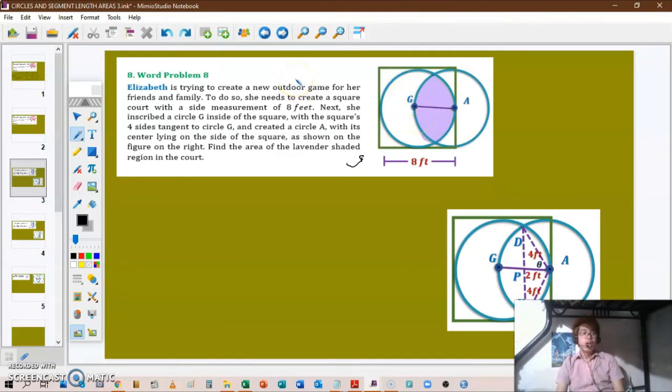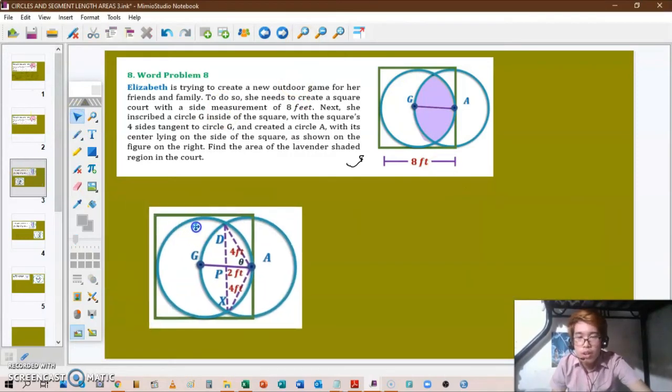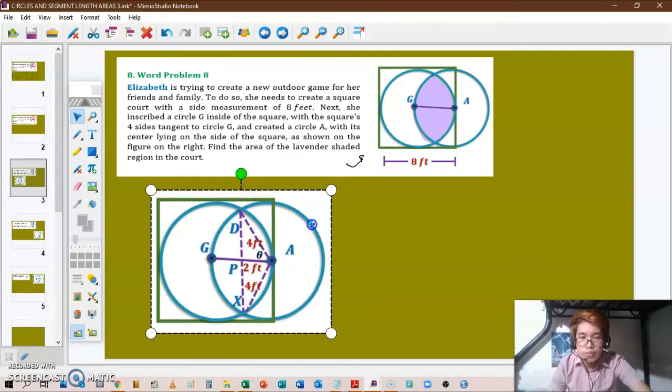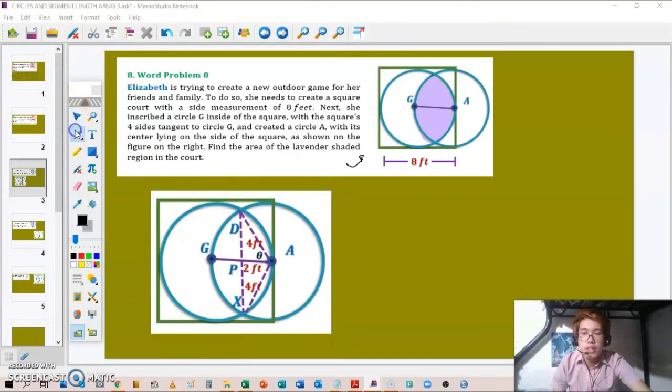To do so, let's focus here on the figure that we have here. This is the constructed figure.